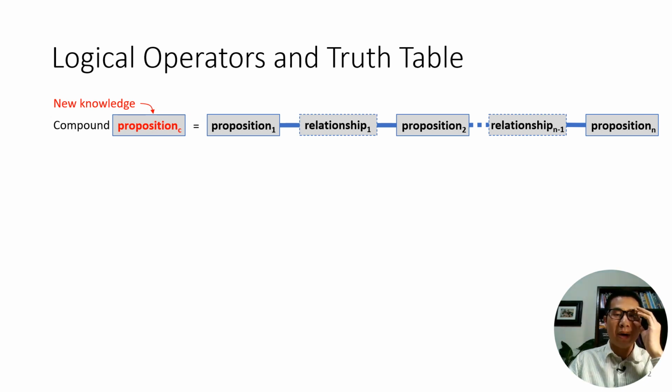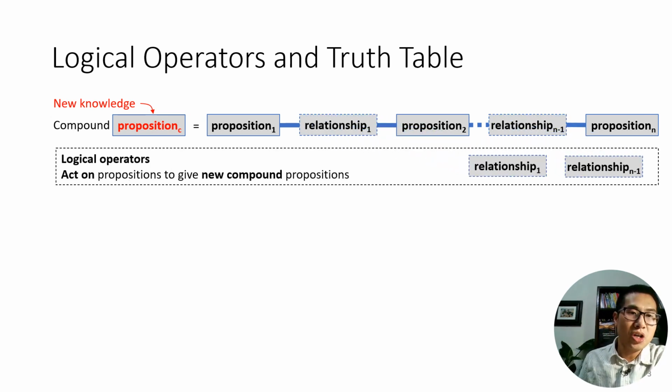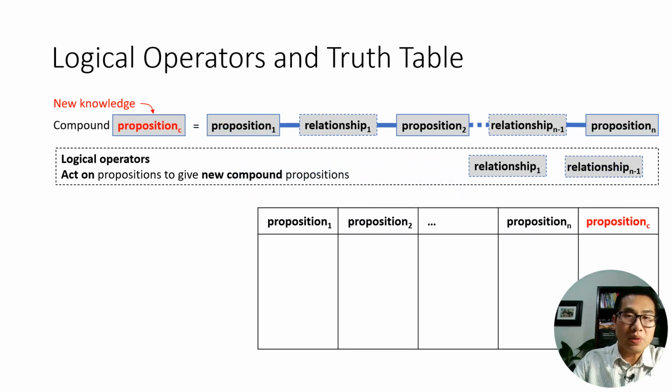So now we'll study all the kinds of relationships that we have learned so far, and they are called the logical operators. Logical operators act on propositions to get a new compound proposition or create new knowledge. Now the next concept is called the truth table.